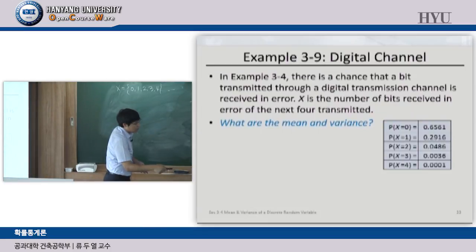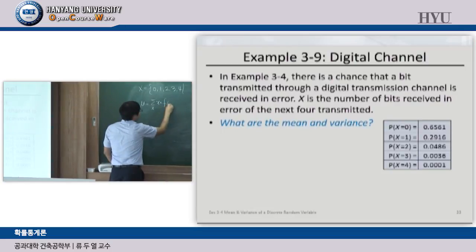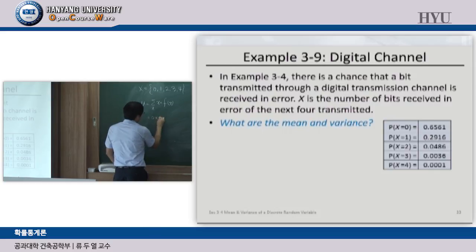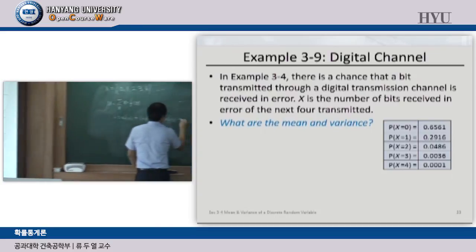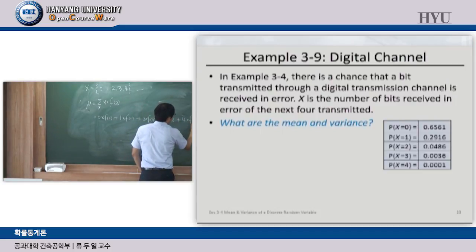So this is the table. And the average or mean is the summation of x multiplied by f(x). That is the definition of the mean. So this is 0 multiplied by f0, plus 1 multiplied by f1, plus 2 multiplied by f2, plus 3 multiplied by f3, plus 4 multiplied by f4.